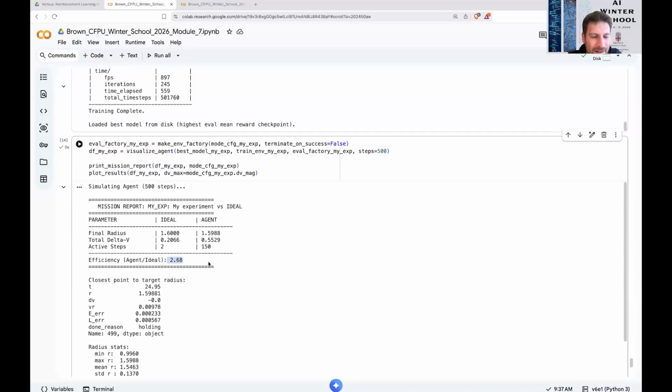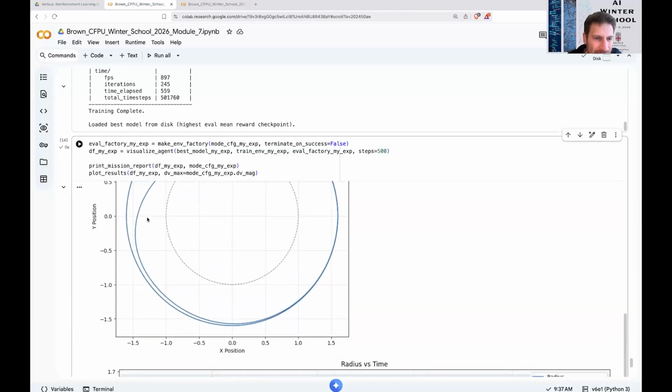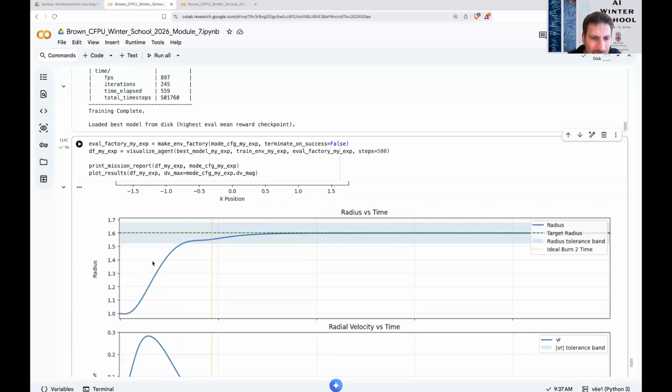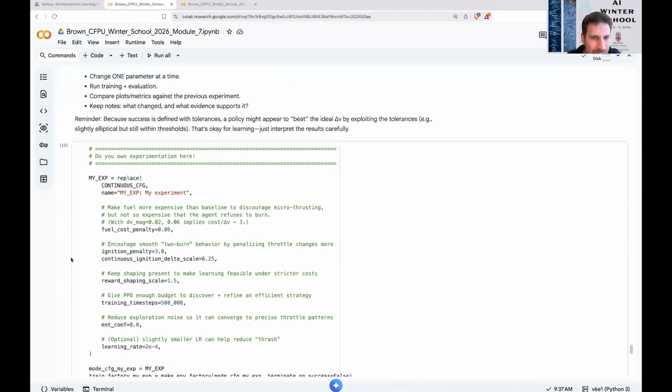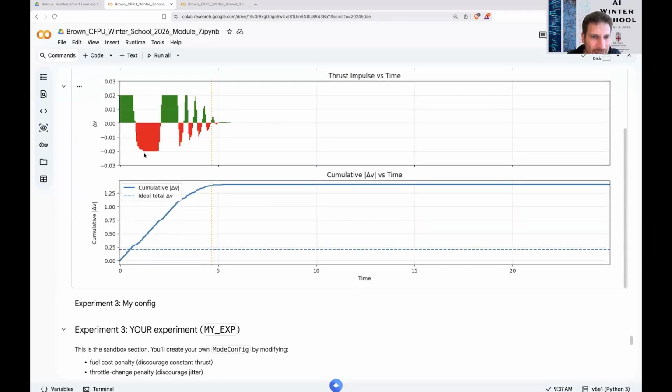So I got within a factor of 2 to 3 of the ideal. Again, you can see it's kind of a distorted transfer, and you can see the wiggles here in radius versus time showing that. But there's actually less oscillation compared to our plot if we go back up and look at the plot here.